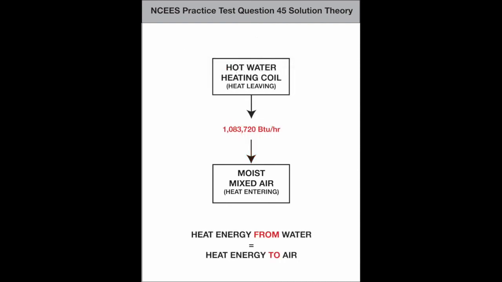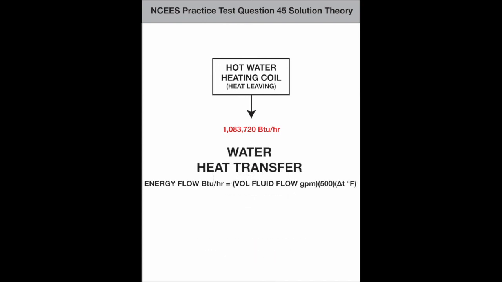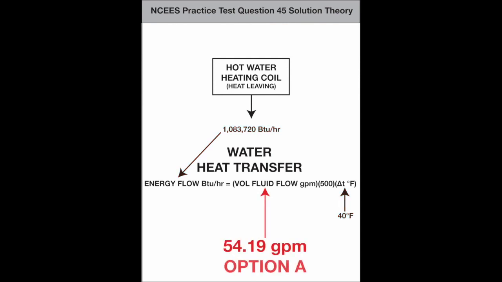Therefore, it's the amount of heat transferred out of the hot water coil. Going back to the original heat transfer equation for water, 1,083,720 BTU per hour is equal to the volumetric fluid flow in GPM times 500 times 40 degrees. This equals 54.19 GPM. The correct answer is A.